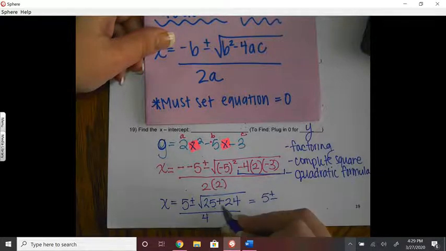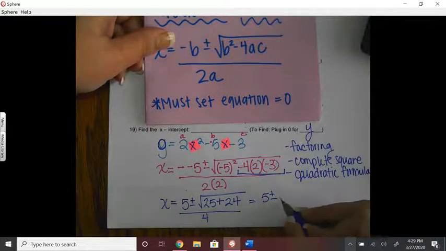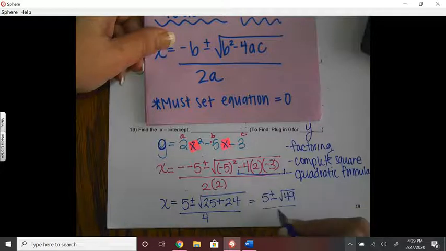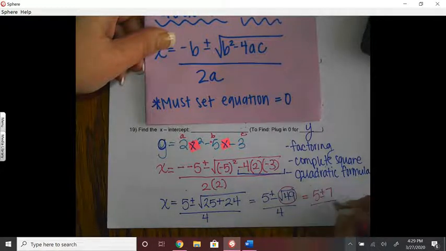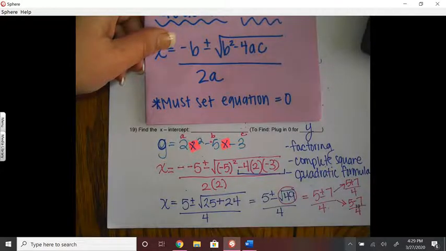And then 25 plus 24 is 49. And then remember, when we get it down to 3 numbers, we always start with the radical. The square root of 49 is 7. And then we would have 5 plus 7 divided by 4 as a solution, and 5 minus 7 divided by 4 would get us a solution.